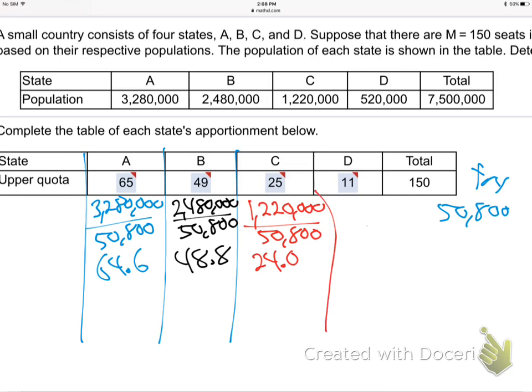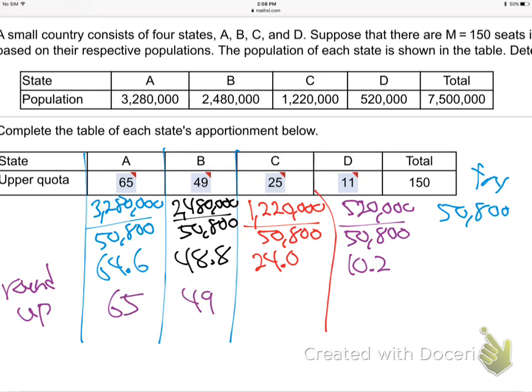I wonder if this is going to work. Okay, and last one, 520,000 divided by 50,800. I'm getting 10.2. Okay, round up. Round them all up. 65, 49. 24.0 goes to 25.